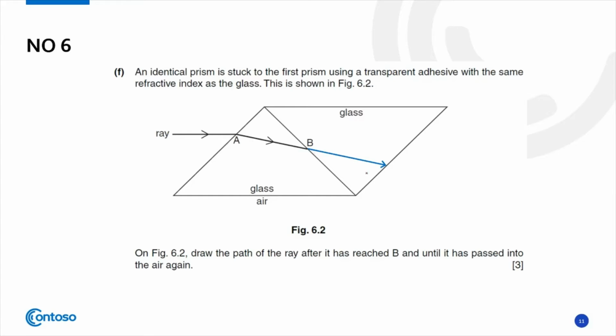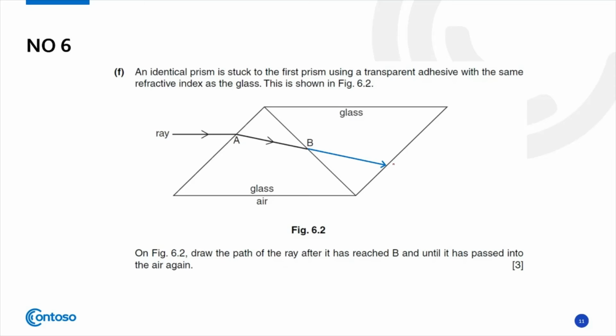On the other side of the glass prism, this side, the ray will be refracted because it passes through two different mediums. Initially, the ray comes from the air into the glass prism and comes out of the glass prism into the air.